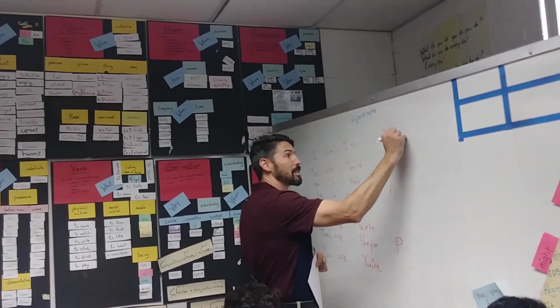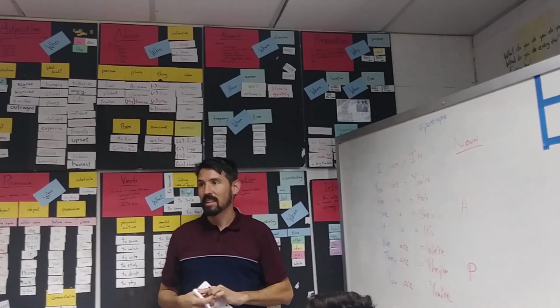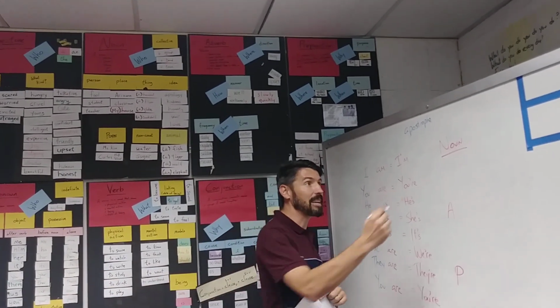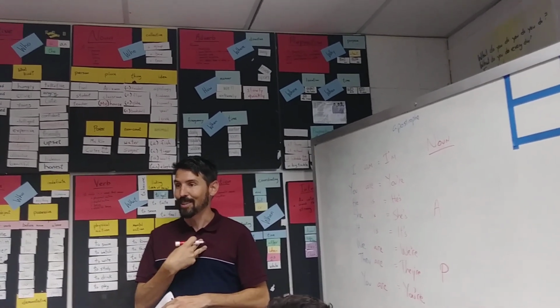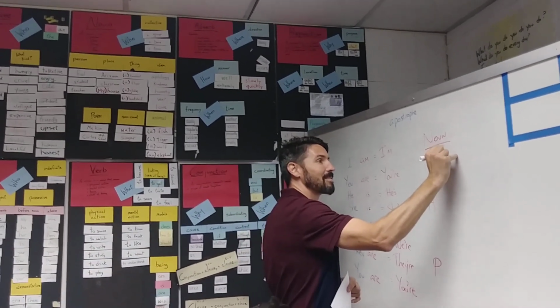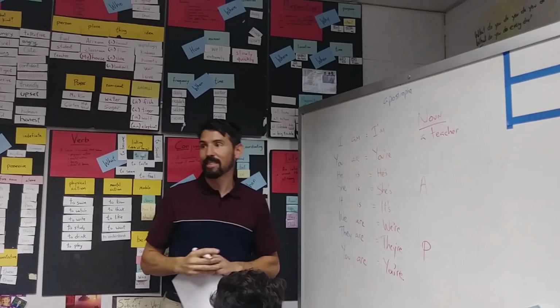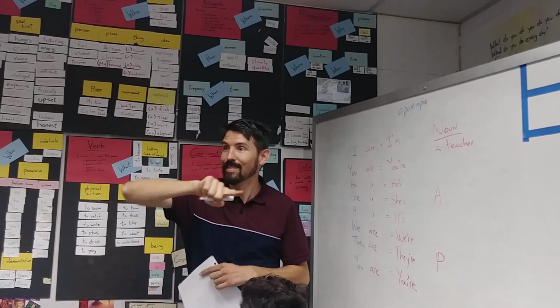N is for noun. And do we know that word noun? Yeah. A noun is a person, a place, a thing, right? Okay, an idea, right? So for example, I can say to you, I'm a teacher, right? A teacher is a noun, right? I can say to you, you're a what? Student. A student. Or I can say to all of you, you're students, right?